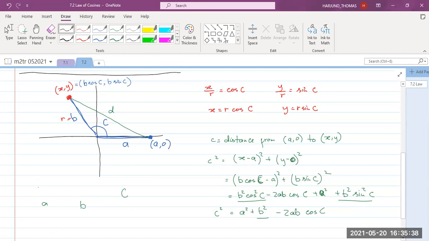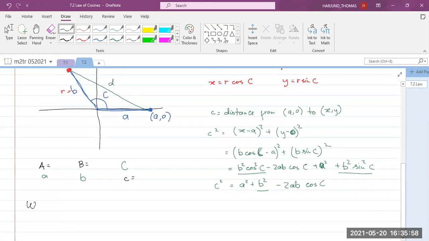Those are the ones given. So basically, if you don't have a pair, you use law of cosine. When to use law of cosines?